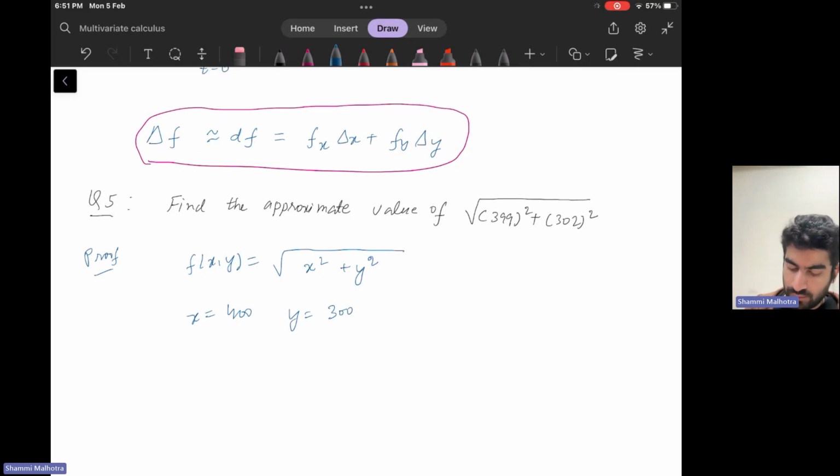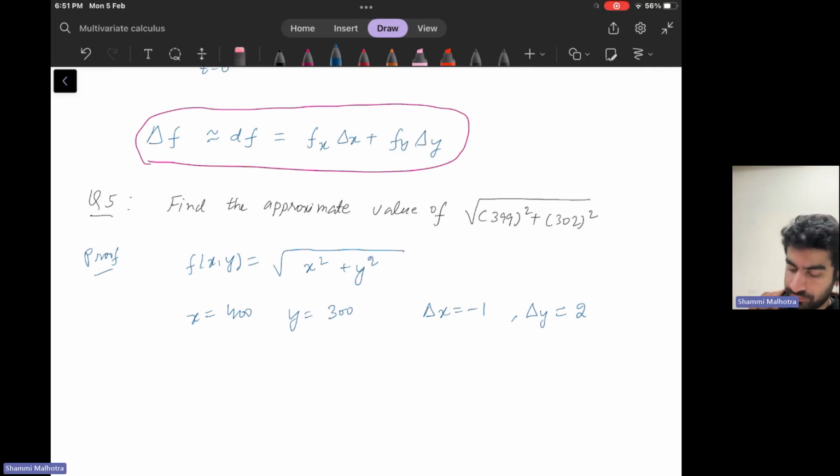So my change in x is -1 because I have to go to 399, and my change in y is 2 because I'm going from 300 to 302, so that's a jump of 2.